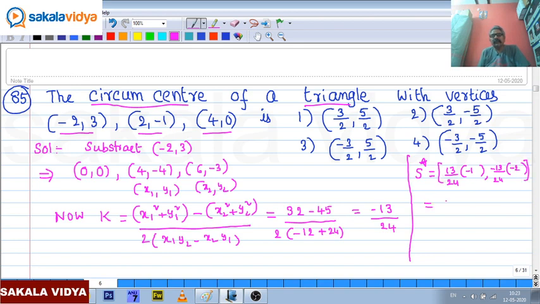So this will be minus 13 by 24, comma, 26 by 24. But we need to add this one now. So S is equal to minus 13 by 24, 26 by 24 plus what we have subtracted, minus 2 comma 3. Add minus 2 comma 3. Then you will get the answer. You try it.